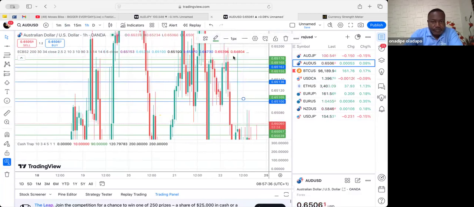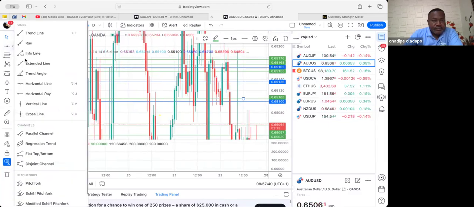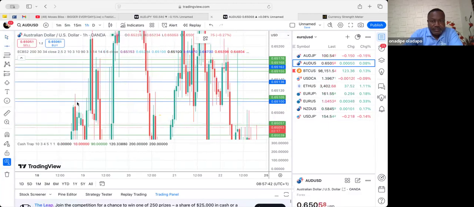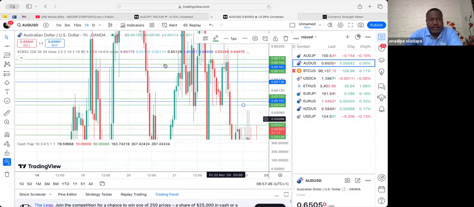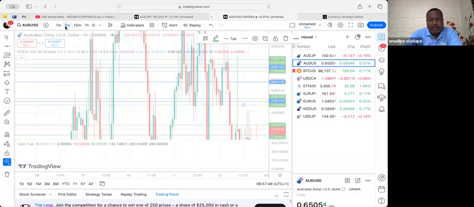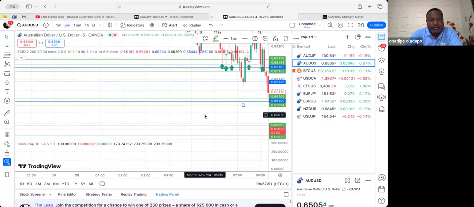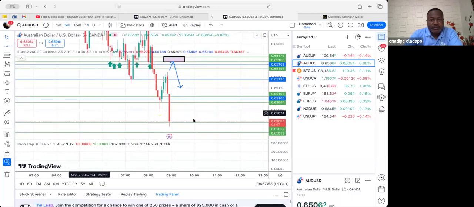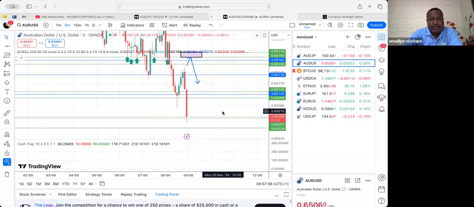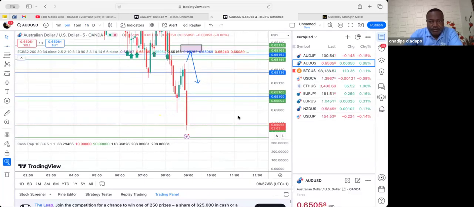So you need to imbibe the right spirits, and part of what you need to imbibe is how to be disciplined. Wait for the market to come to you. Don't rush to the markets. That's how amateurs trade. How professionals trade, they wait for the market to come to them. And when the market comes to them, then they know what to do.